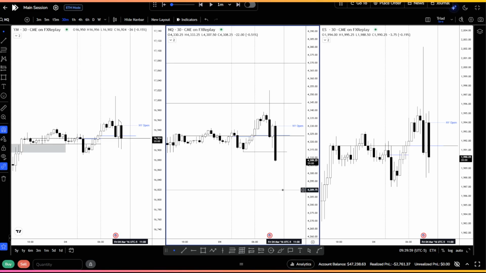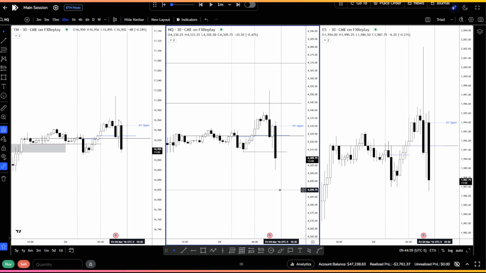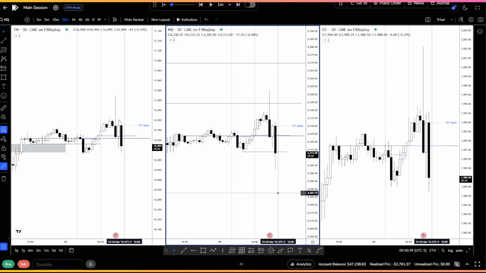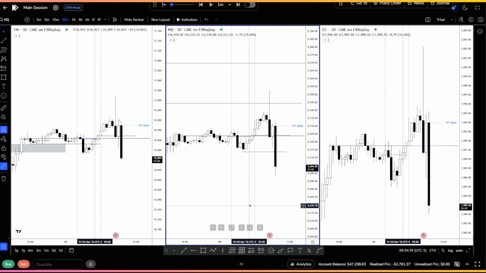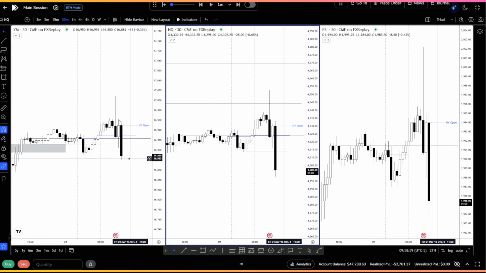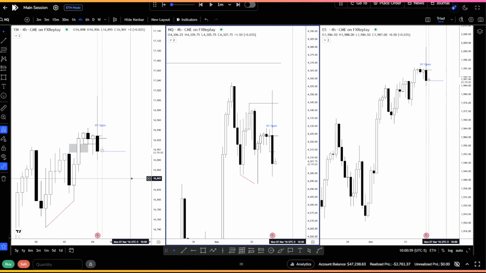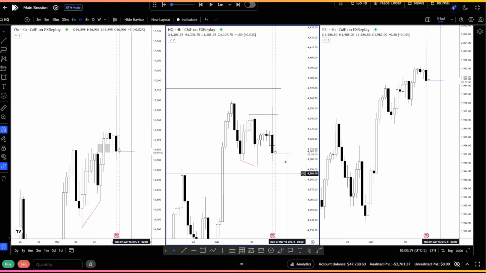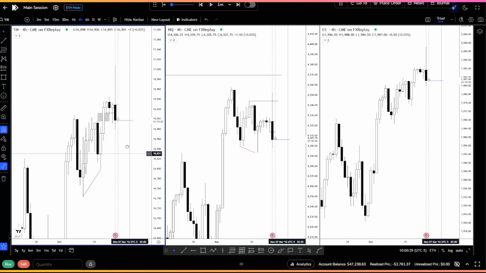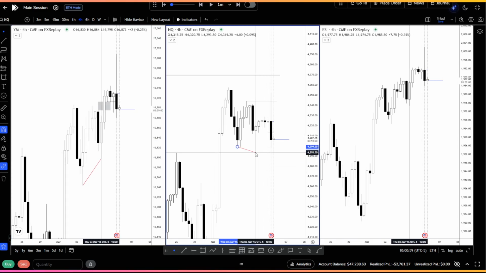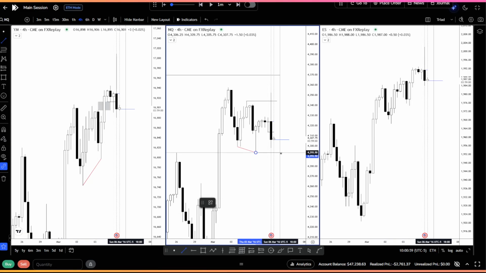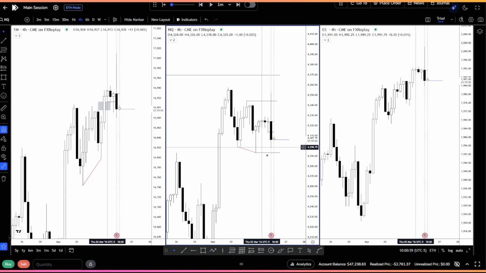So, okay, YM should hold. If it doesn't hold, then it's going down. It didn't hold, and I guess it's going down. Let's see. Yeah, this is C2 to the downside. If I want to take to the downside, it should be NQ to this low. Range high, range low.